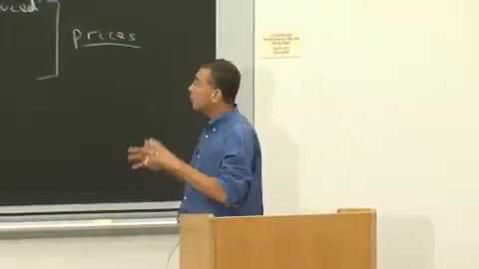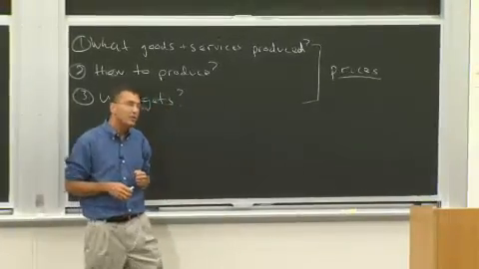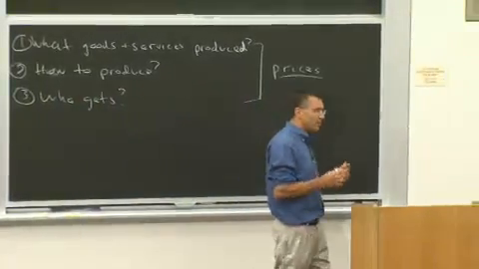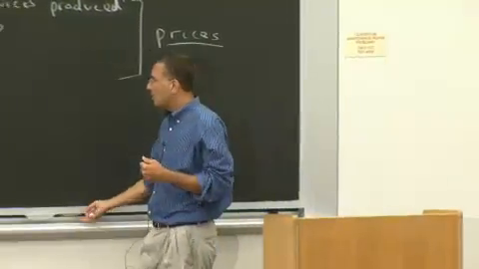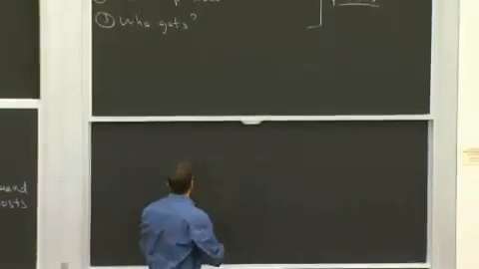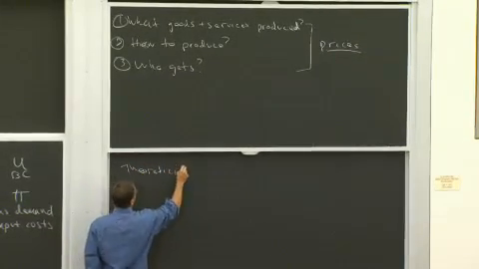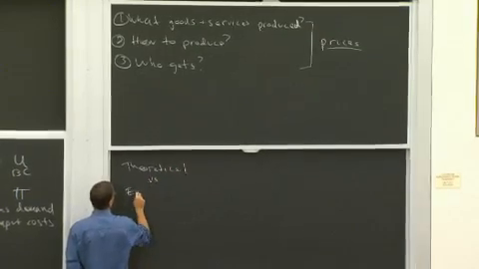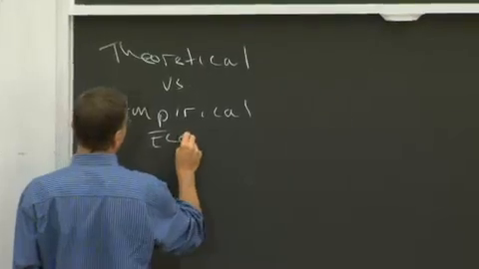Now, so that's basically an example of how we think about the role of prices. Now, let me draw a couple of important distinctions, terms I'm going to use this semester that I want you to be comfortable with. Okay? The first distinction I want to draw is between theoretical versus empirical economics.